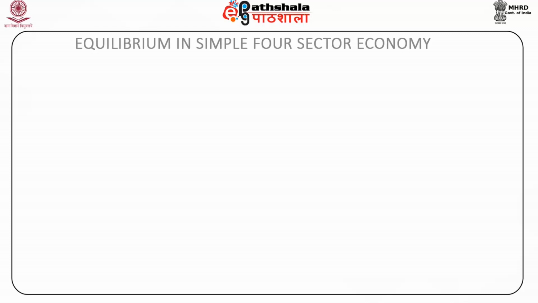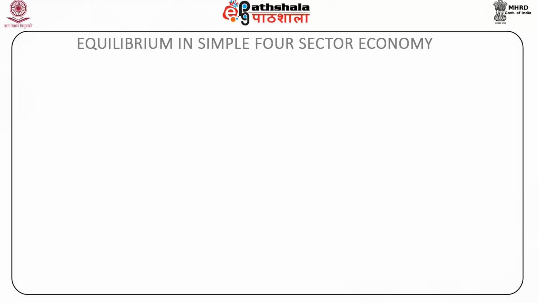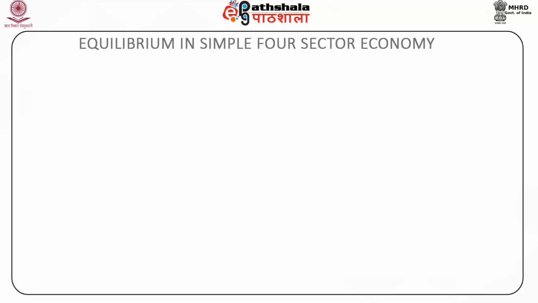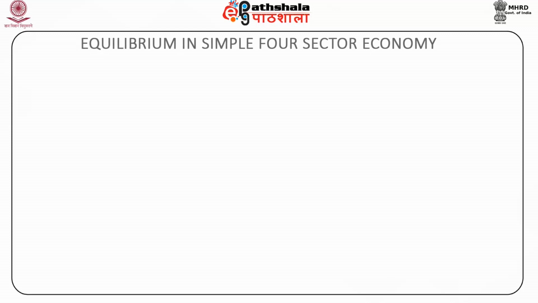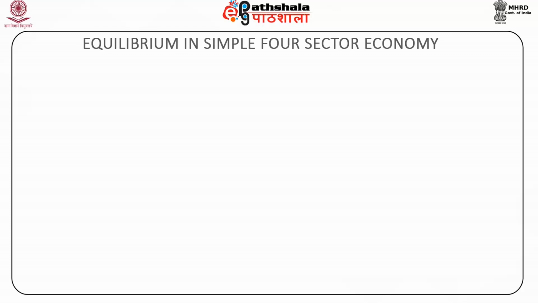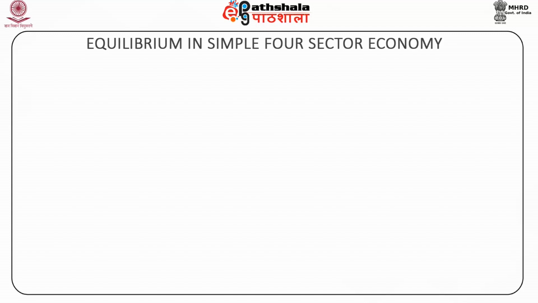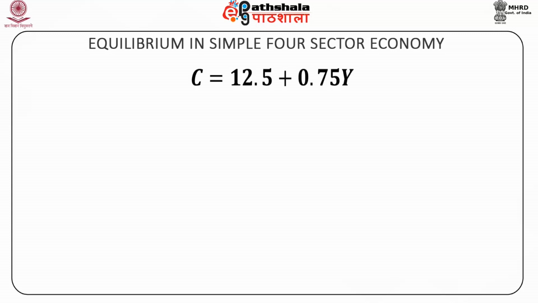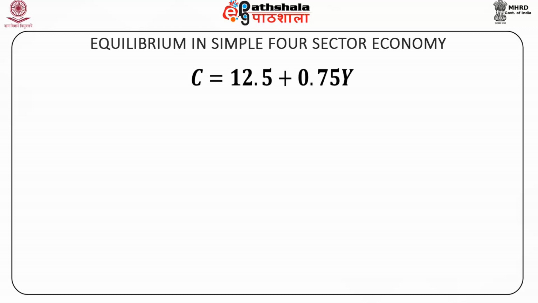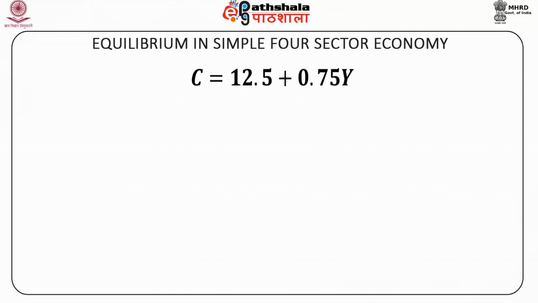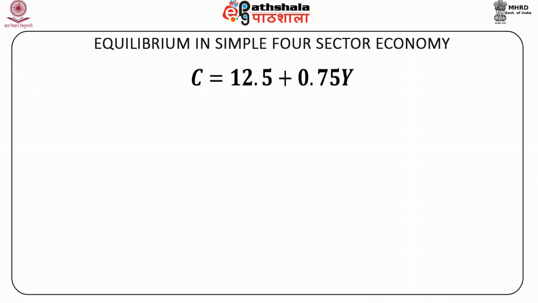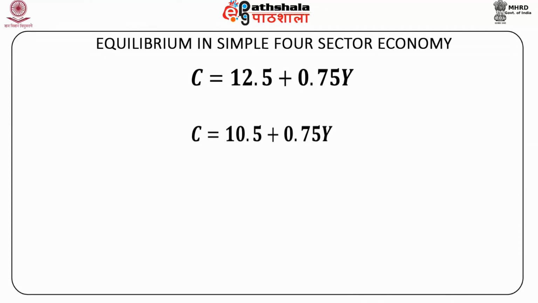The new consumption function becomes C is equal to 10.5 plus 0.75Y. Investment is 120. The new equilibrium will be at point where Y is equal to C plus I. That is, Y is equal to 10.5 plus 0.75Y plus 120.